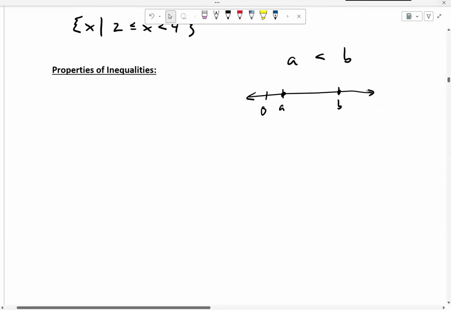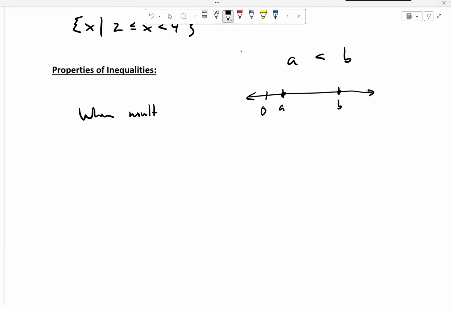So when I talk about properties of inequalities, should we just write when you multiply or divide by a negative, reverse the inequality? Do you need to write that down or is it already in your brain? You can write it down, it wouldn't hurt.